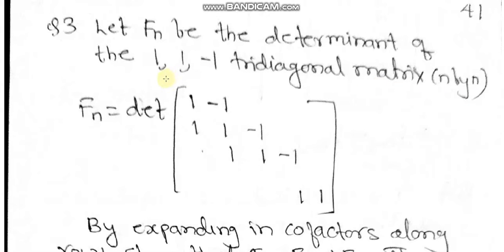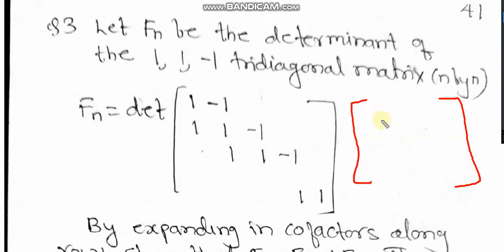The next problem that has to be explained is: let Fn be the determinant, and the sequence 1, 1, minus 1 repeats in a tridiagonal matrix of size n by n. So this is your sequence. You can observe, if I am writing a matrix of n cross n, here I am writing 1, 1, minus 1.